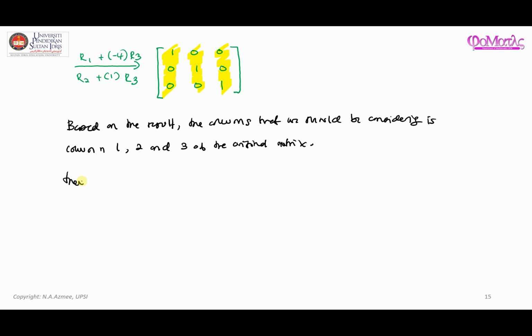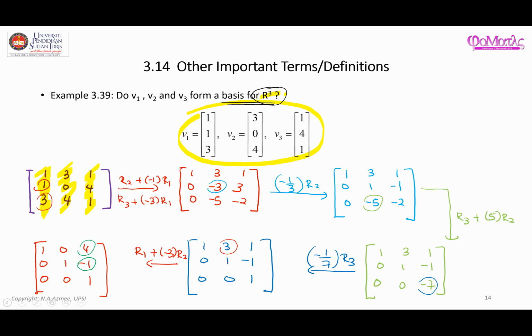Therefore, we can conclude that vector 1, vector 2, and vector 3 given is the basis for this vector space here. Okay, so that's the answer to this question.